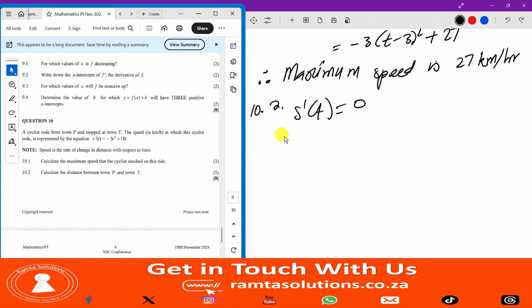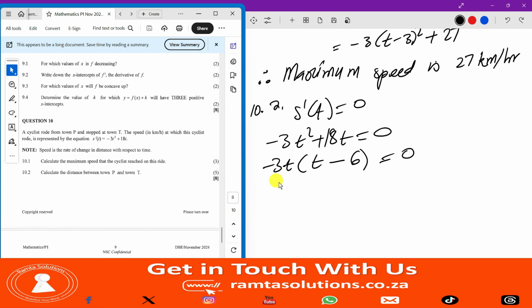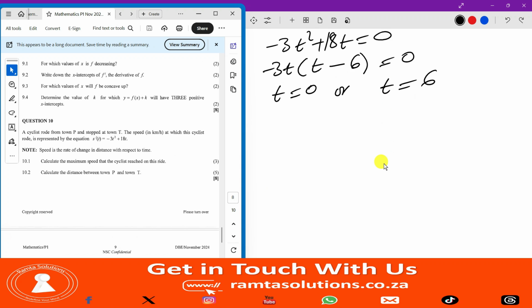S prime of t was -3t squared plus 18t equals 0. Common factor -3t, we are left with t minus 6 equals 0. As you can see, t equals 0 or t equals 6.